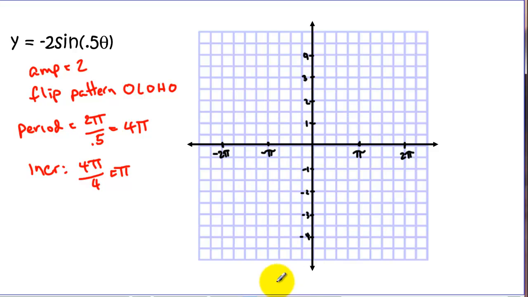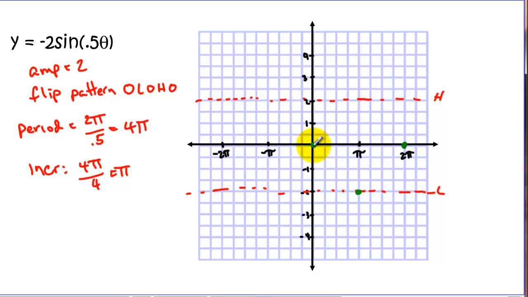And remember, we're going up here at 2 on our amplitude at the high, and we're at negative 2 for our low. And let me do this in another color here. Let's use green. So every increment is pi, so this is one increment. So here we're at 0. Now we're doing flips, so we're going low, and then we're going back here.